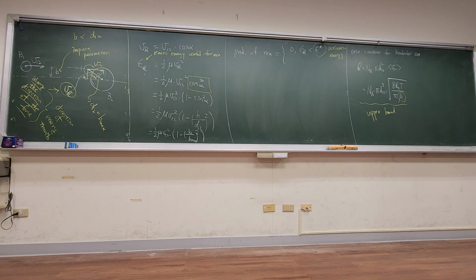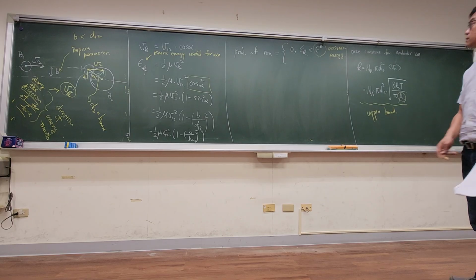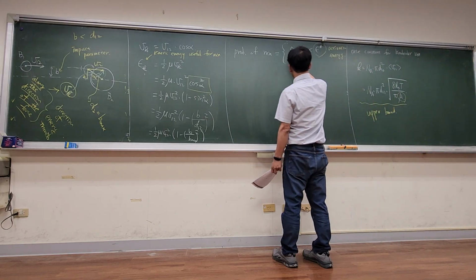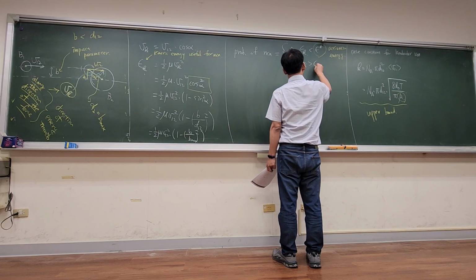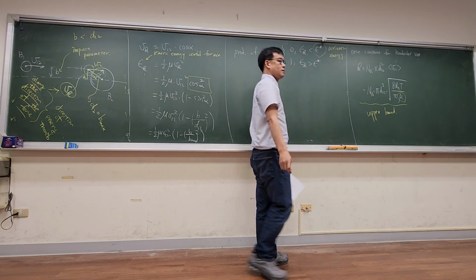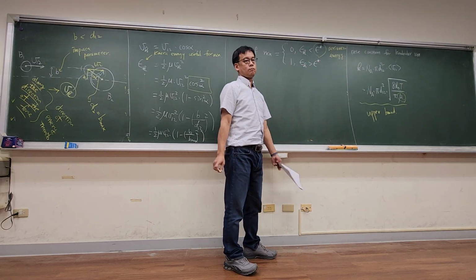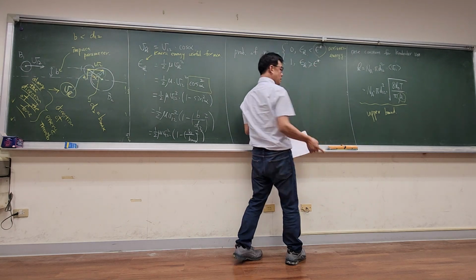Only when this energy is higher than the threshold energy can this reaction happen. If it's 1, only when it's greater, or we can say equal, that's it. It doesn't matter.